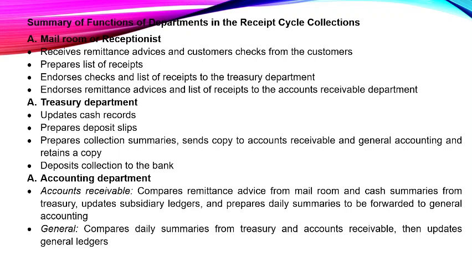There will be a comparison of the remittance advice from the mail receptionist and the cash summaries from treasury. Update subsidiary ledgers. Prepare daily summaries to be forwarded to general accounting. General accounting compares daily summaries from treasury and accounts receivable, then updates the general ledger.